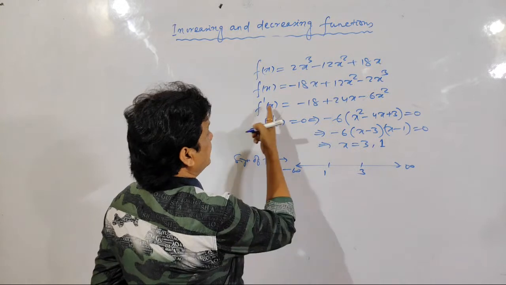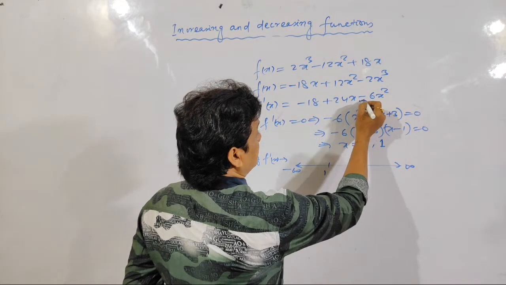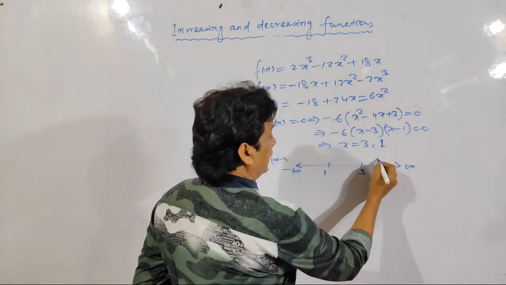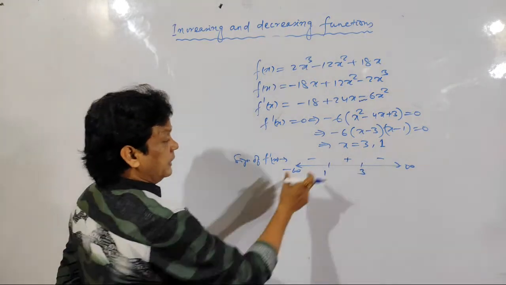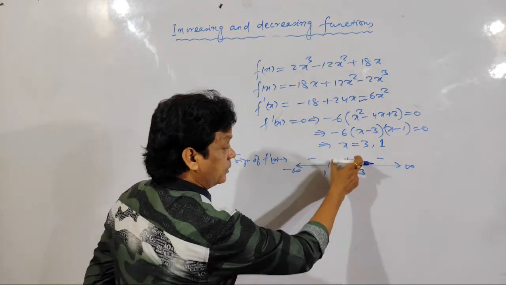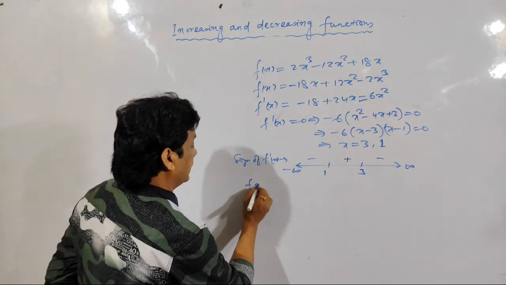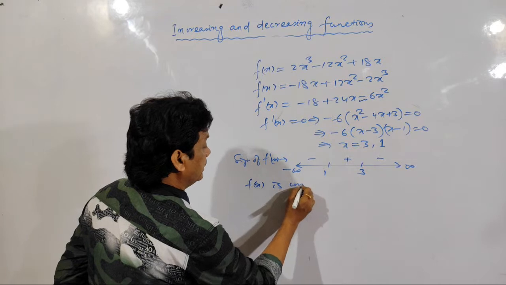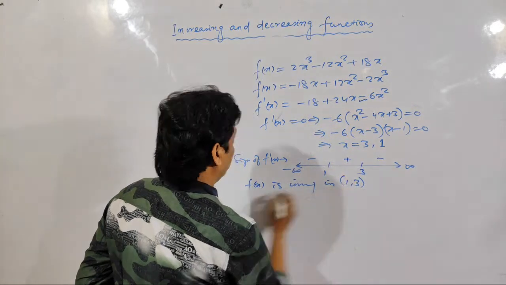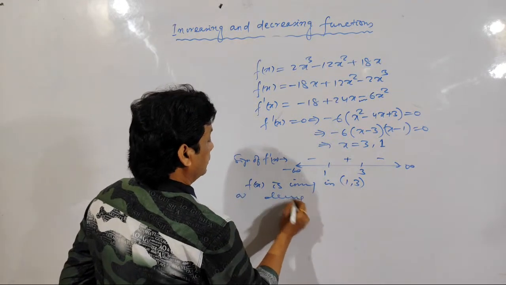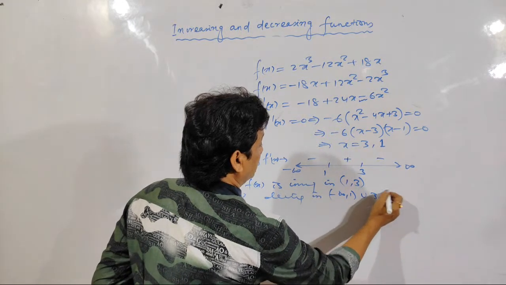The highest power is x square and its sign is negative. So negative, positive, negative. Clear? So in these two intervals it is decreasing, in this interval it is increasing. So f of x is increasing in 1 to 3 and decreasing in minus infinity to 1 union 3 to infinity. Over.